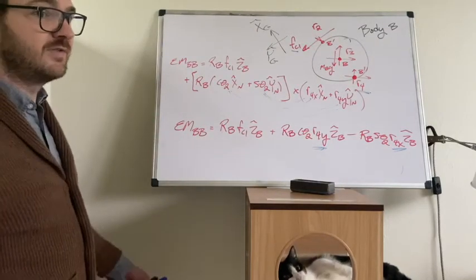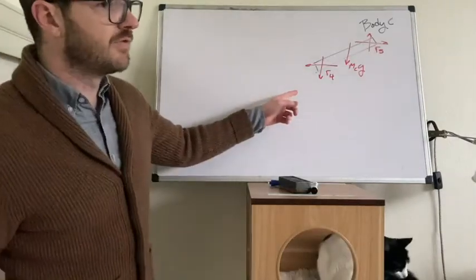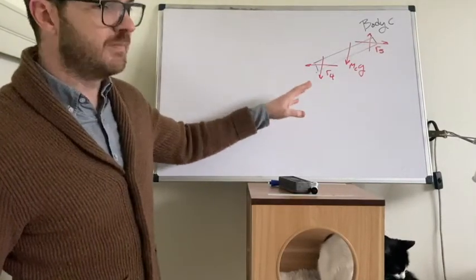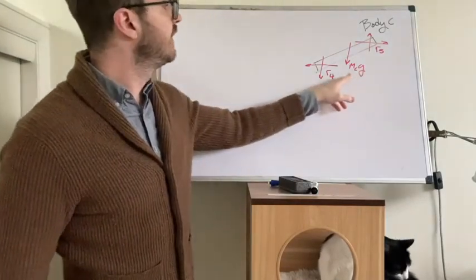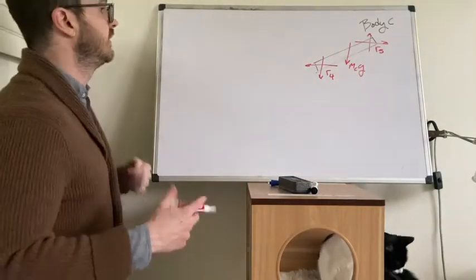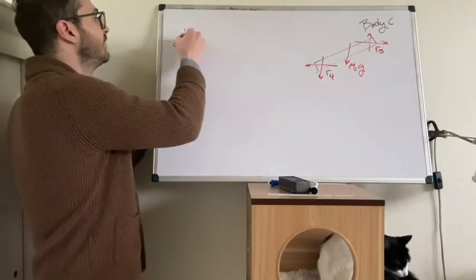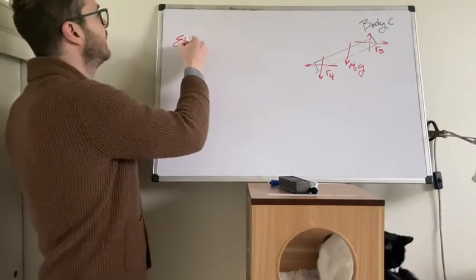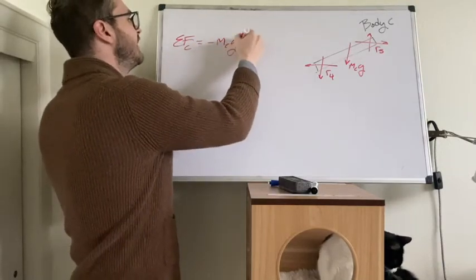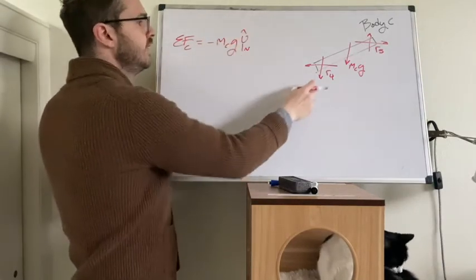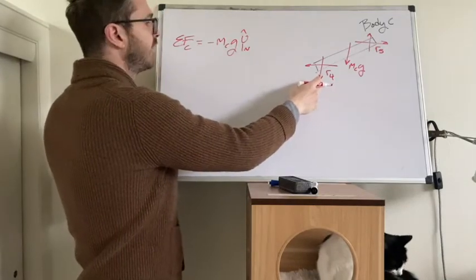Let's do body C. Here's the free body diagram for body C. Body C is fairly easy. There are two sets of reactions arising from pin joints, and then there's gravity. Let's write the forces. Sum of forces on body C. Let's do gravity: minus mcg, y hat n. We have two forces coming from R4.